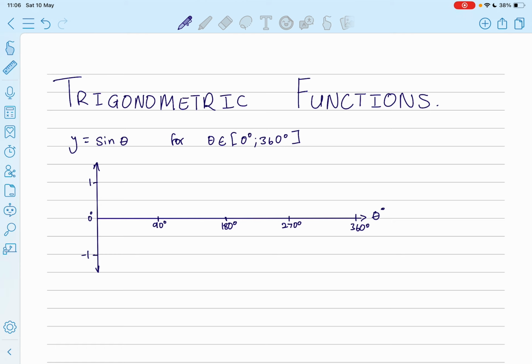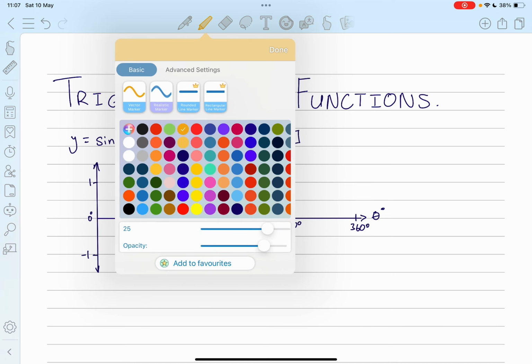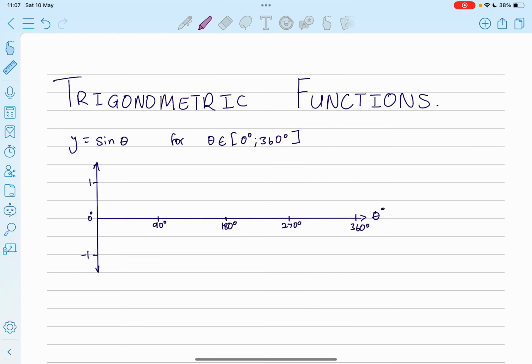All right, so now it's time to put our points. The sine graph starts, let me choose a bright color, I think this purple will do, at the origin, which is 0, 0. Then at 90 degrees, it is at its maximum, where y is equal to 1.